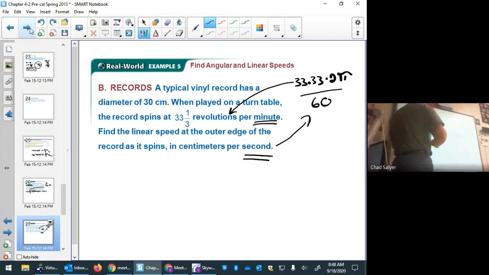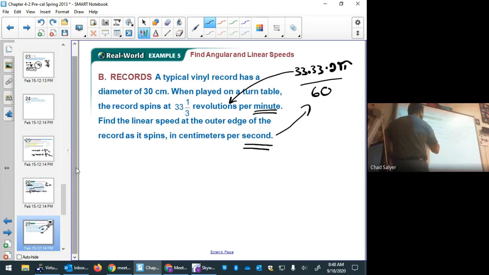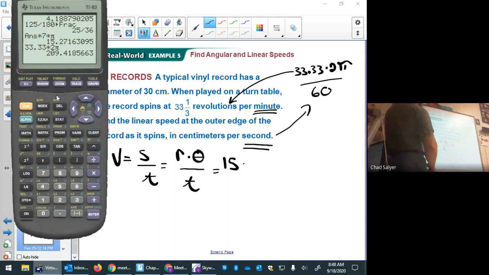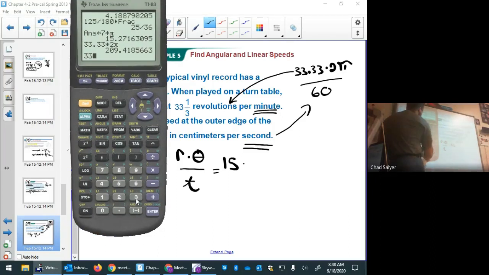All right, so our velocity equals S over T, which is R times theta over T. R is 1/2 of 30, so 15 times whatever that value is. So 33.33 times 2 pi, and then divide that by 60.